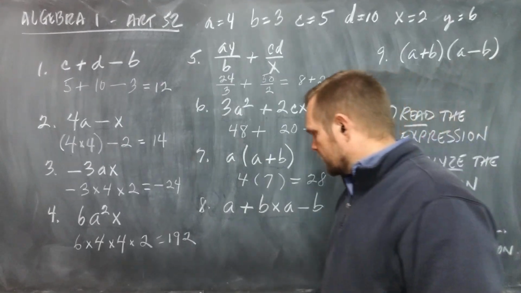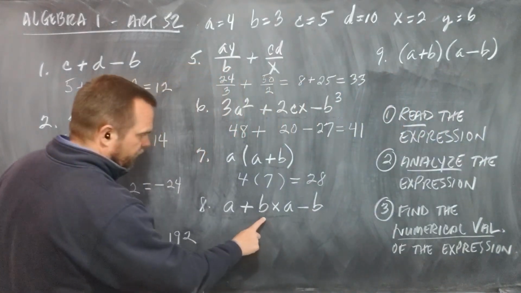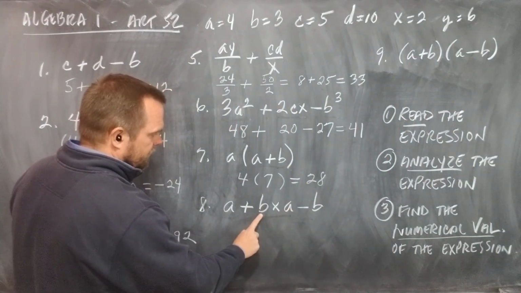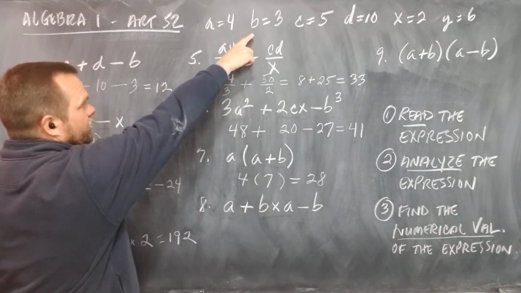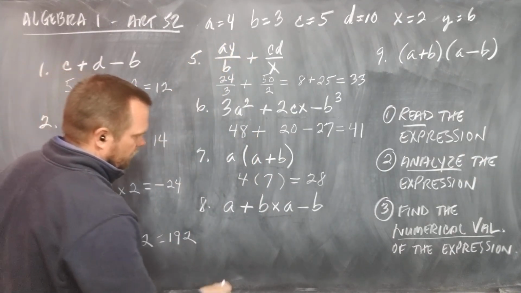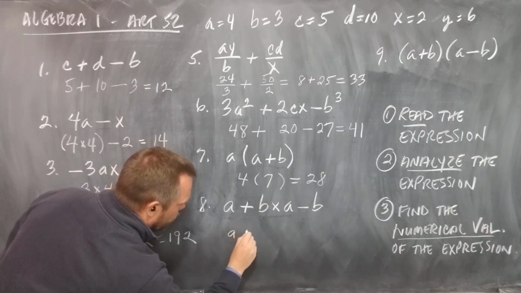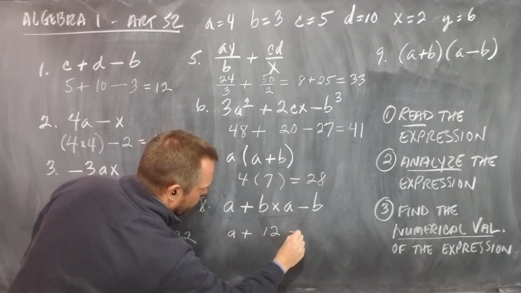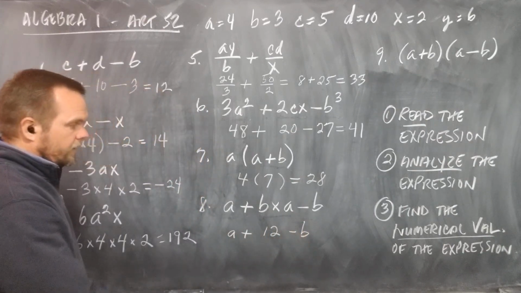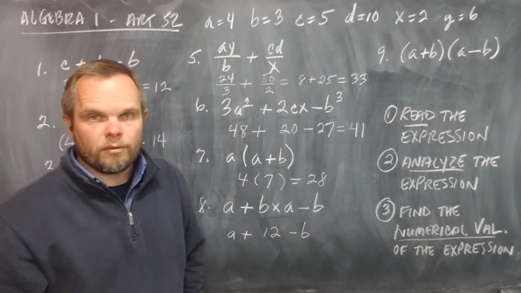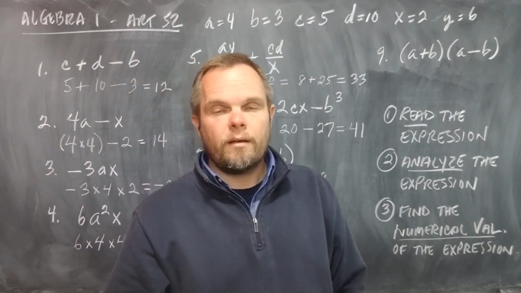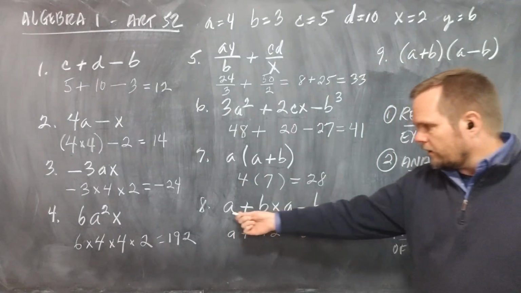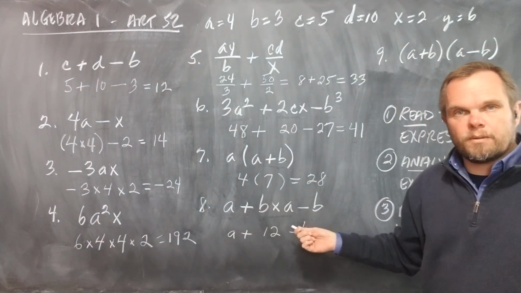Because what we're going to do is find the value of the second term first, b times a. b is equal to 3, a is equal to 4. So what we have here is a plus b times a, which is 12, minus b. And now everything is simple, okay? Knowing what a term is showed us how these operations are to be performed.